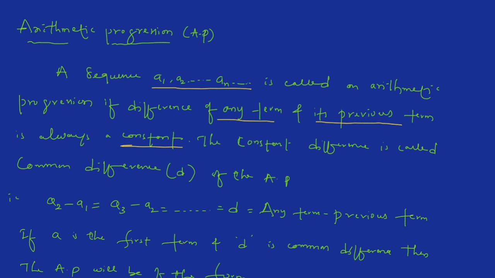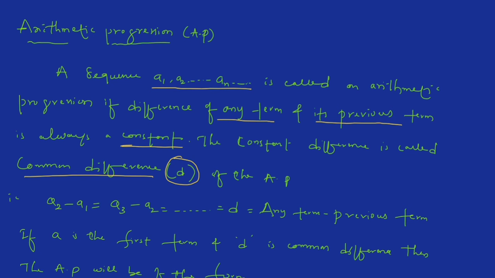Then we can say it's an arithmetic progression. And the constant difference is called the common difference, which we denote by d, a small d in AP, right?